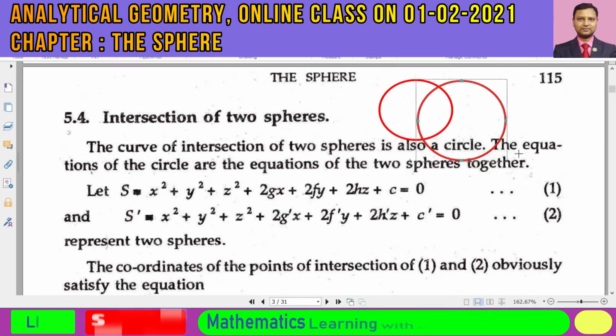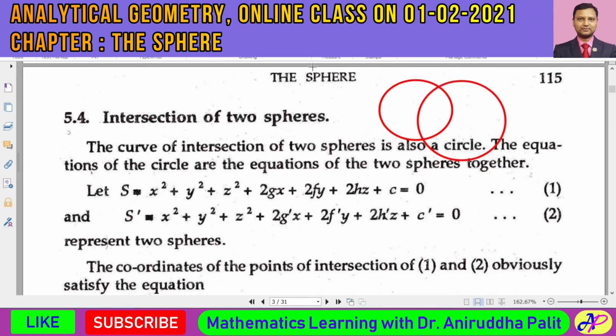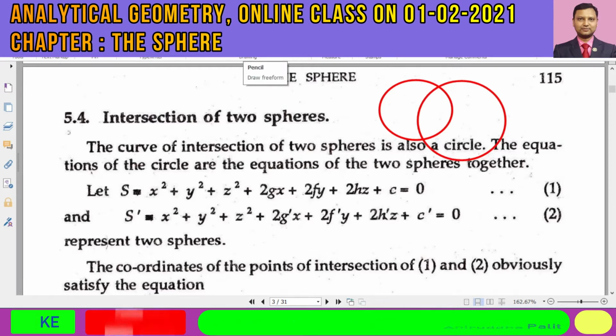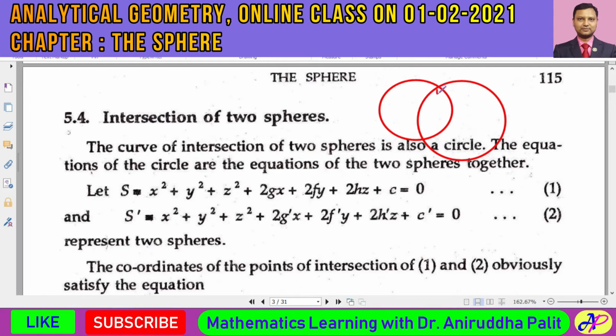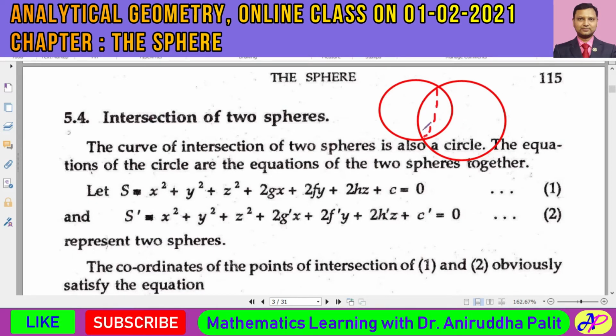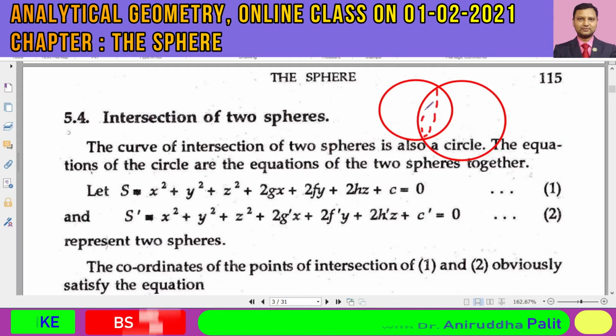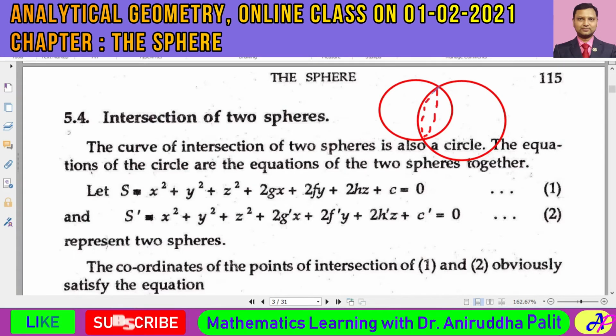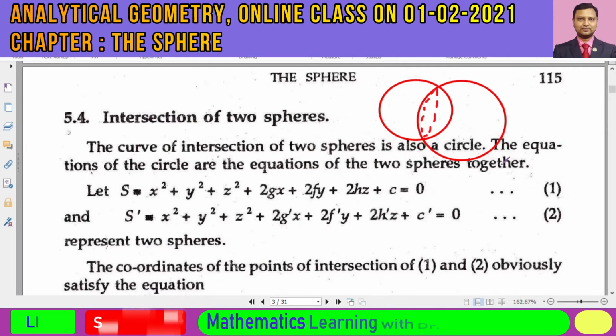Now we are interested to find the circle of intersection of these two spheres. On the back side, it would also have an intersecting zone. So this would be the circle of intersection of these two spheres.